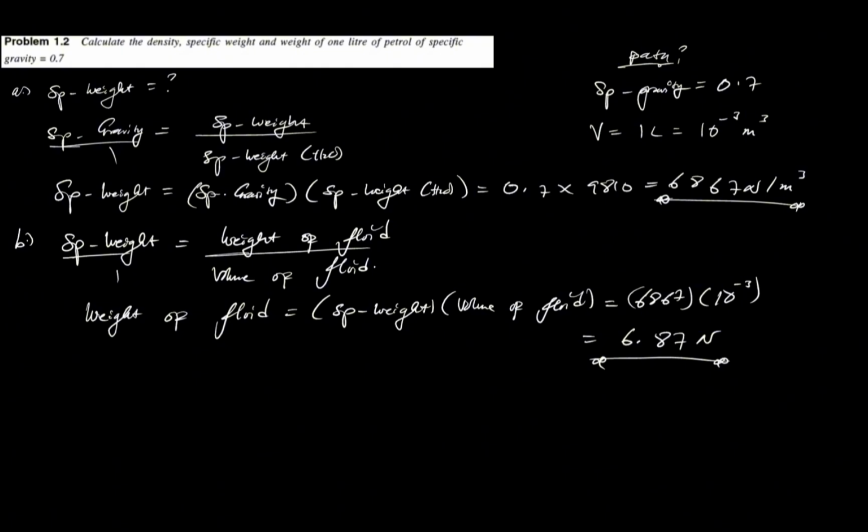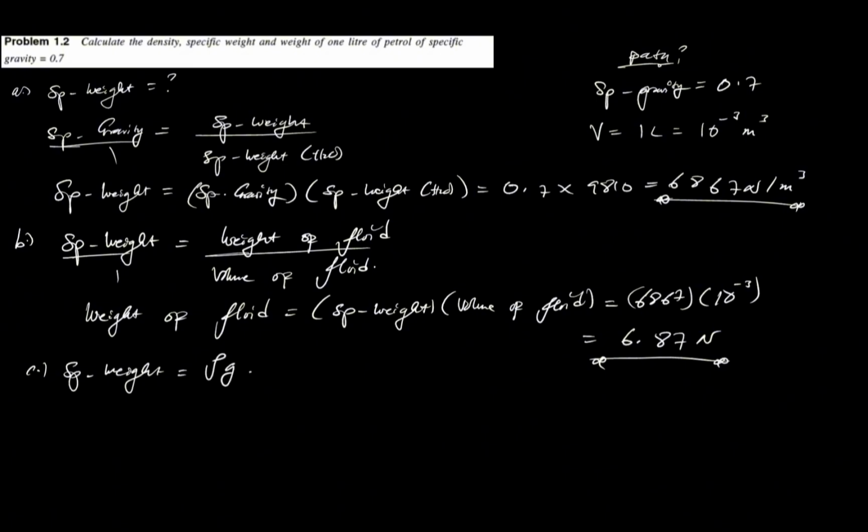Then we also need to find the density of the particular sample that we have. So now, how best can we find the density? The density that I'm really talking about is the mass density of the fluid. So we know that specific weight is equal to rho g.